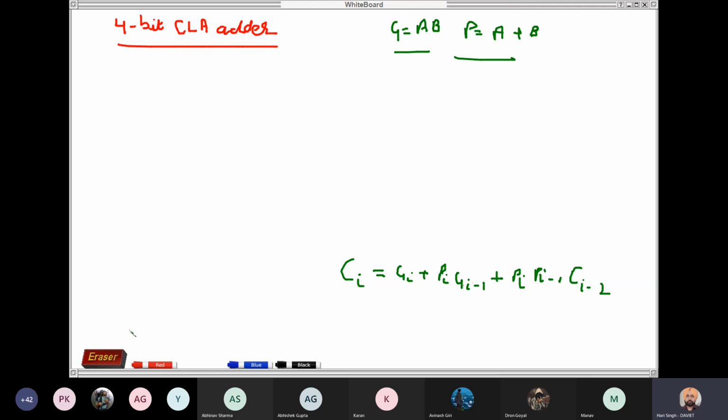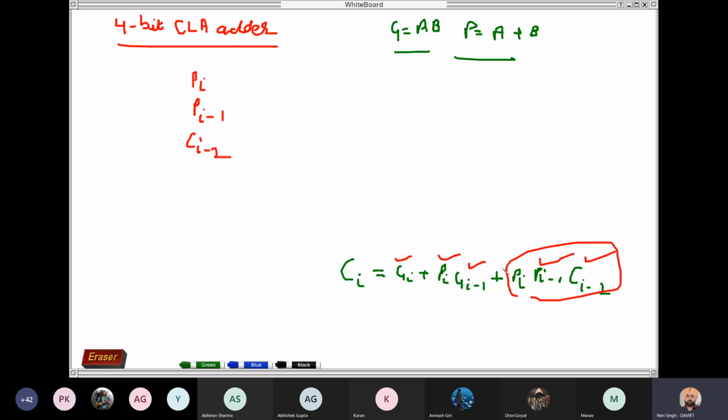So now input quantities are Gi, Pi, Gi minus 1, Pi minus 1, Ci minus 2. So Pi, Pi minus 1 and Ci minus 2, these three quantities are combined with the help of an AND gate, and you will have this vector.